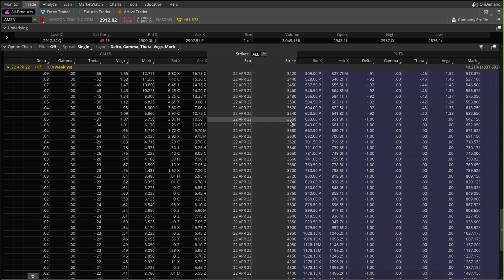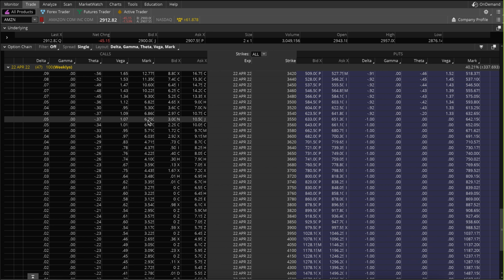We have a strike price of 3,550, and a strike price here of 3,560. A few things to notice. This is very out of the money for this time frame.